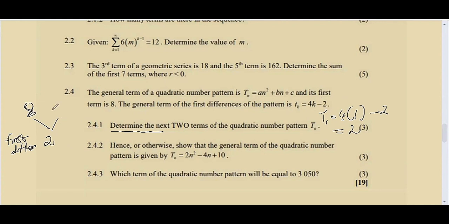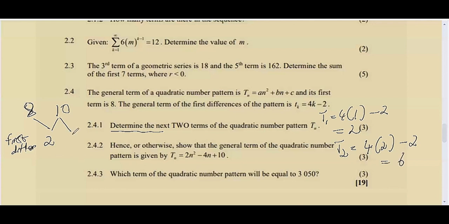So in order to find the second term here, I would say 8 plus 2, and that will give me 10. But remember, the first difference is not the one that is constant, right? So we need to find another term by saying T2. We are calculating the second term of the first differences. Then 4 times 2 minus 2, 4 times 2 is 8 minus 2, that's 6.